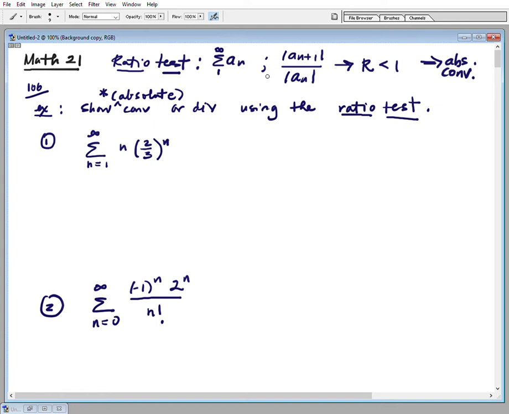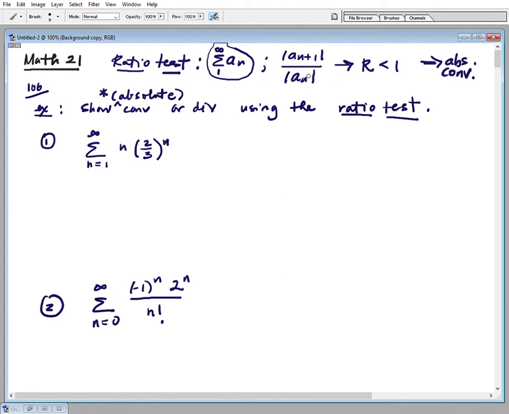So basically what this tells us is that this series is similar to a geometric series. A geometric series has a ratio of a term divided by the term before it equal to r, where r is less than 1 if we have convergence. If r is greater than or equal to 1, we have divergence.